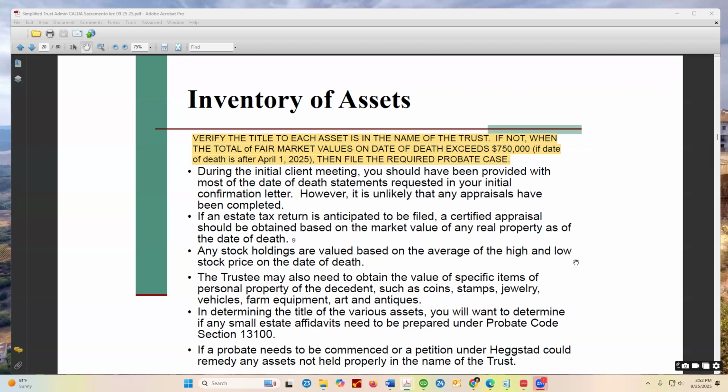If the decedent had a stock account, investment accounts, you need to work with the brokerage firms to get the value of all of these securities as of the date of death. You contact the brokerage house.